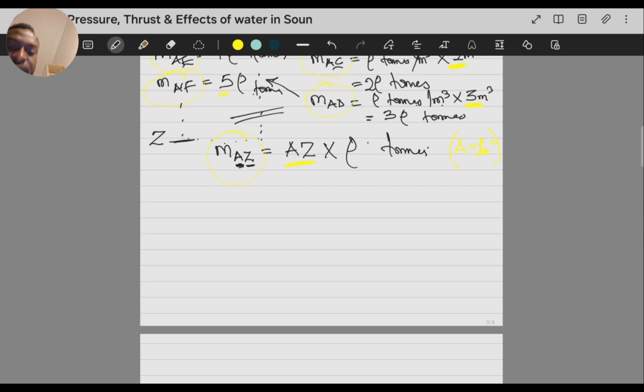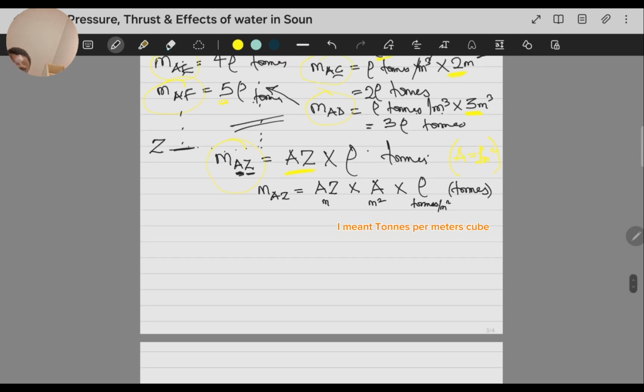If we put that back, say we don't know if it's 1 meter each, then it's going to become A. So it's still going to be in tons, because this is in meters, this is in meter squared, this is in tons per meter squared.